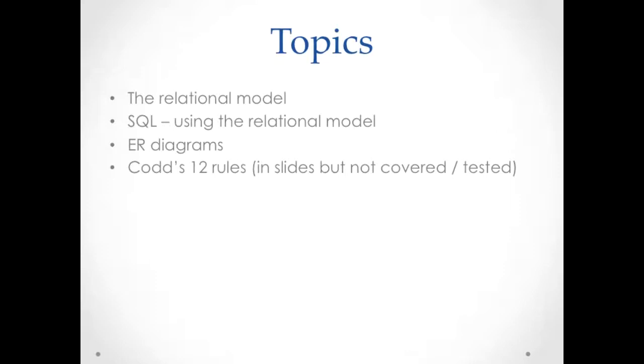You won't be tested on the more detailed stuff in the paper, and I'm not going to test you on Codd's 12 rules. They're nice to know, and lovely to read, but if your career is not in databases, it's really not that important. You just need to know that they exist and that Codd's 12 rules are what defines a relational database, not that a lot of the products actually meet every single one of them, because they really all don't. So those are the topics that we're going to cover.